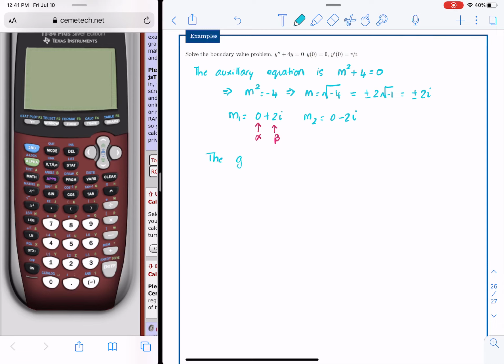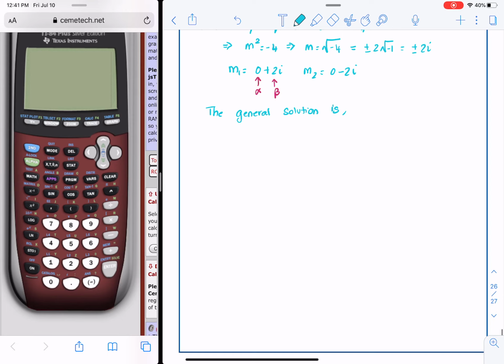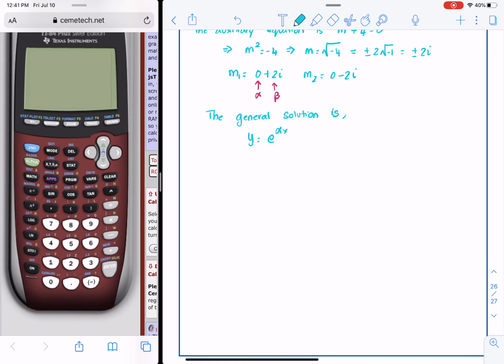The general solution is y equal to e raised alpha x multiplied by cosine beta x plus sine beta x. I forgot the constants. I'll throw that in: C1, C2. So y would be equal to e raised 0x multiplied by C1 cosine 2x plus C2 sine 2x.